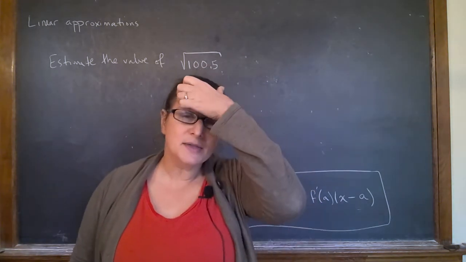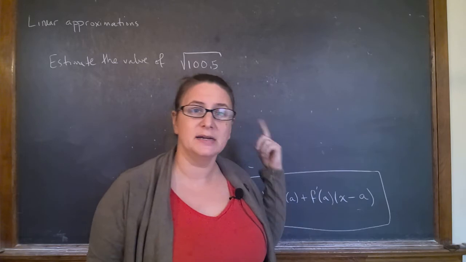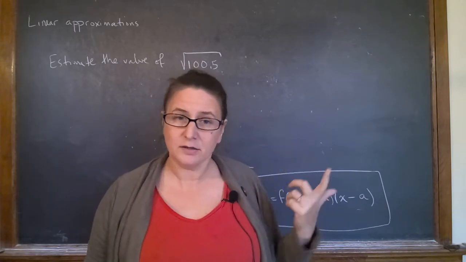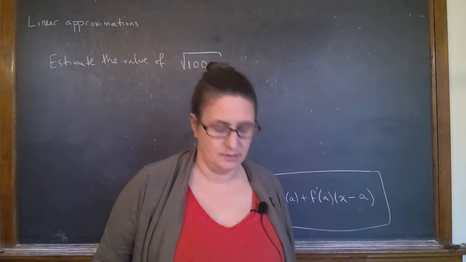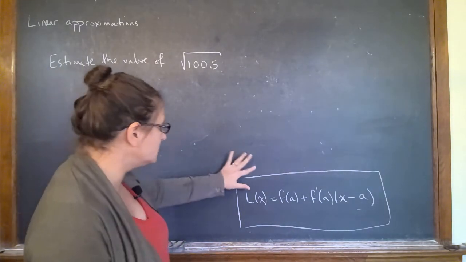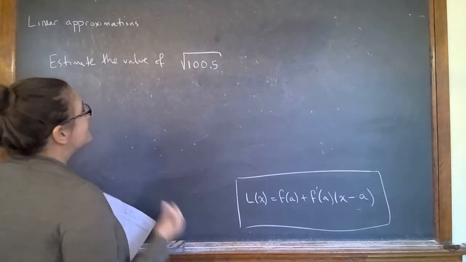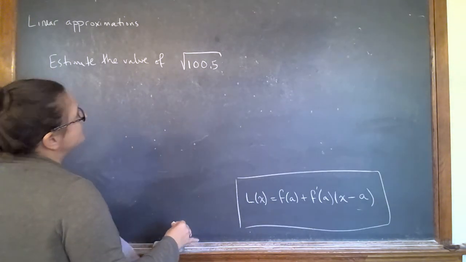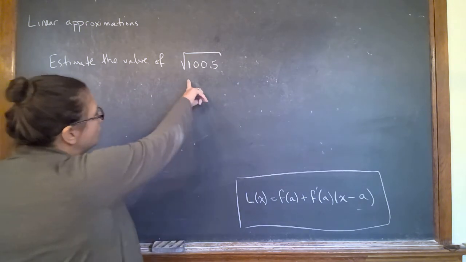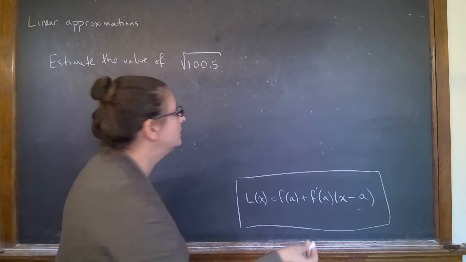This is a thing that people did back before they had calculators. So if you need to find this value, how do you do it? If you can use a linear approximation, it's much easier than somehow trying to compute this. So how are we going to do this? Notice that 100.5 is very close to 100.